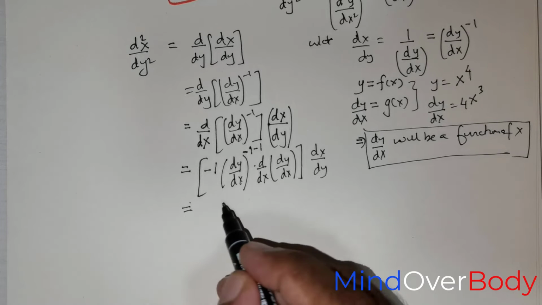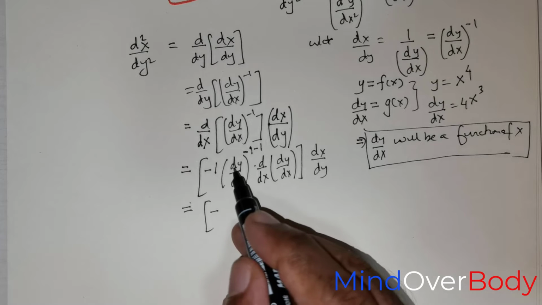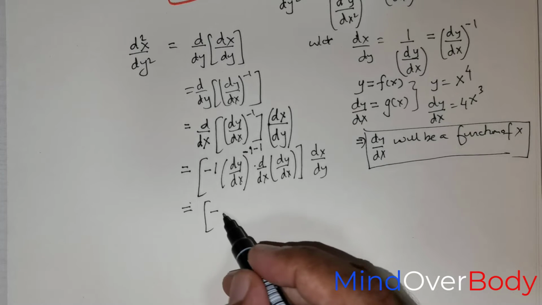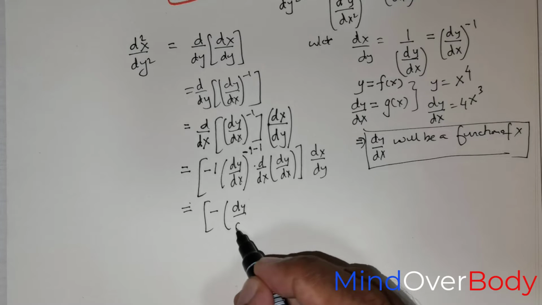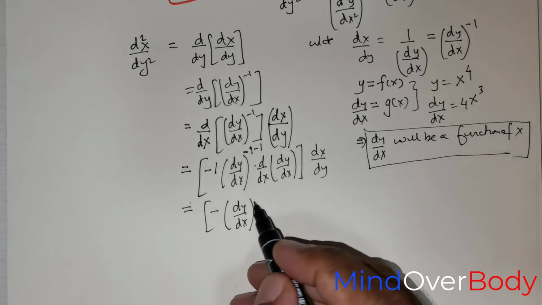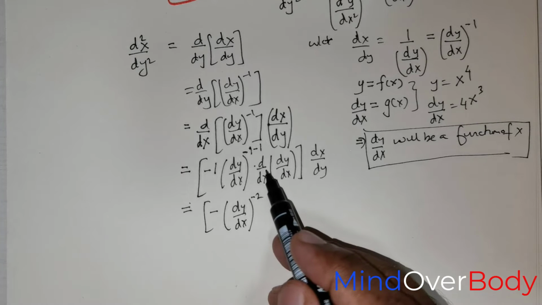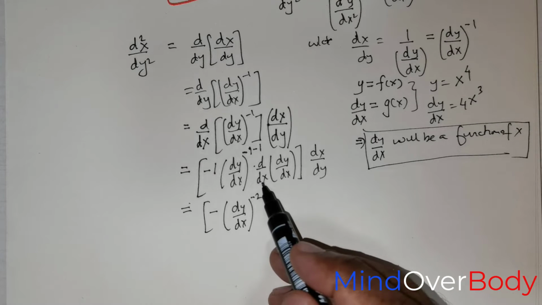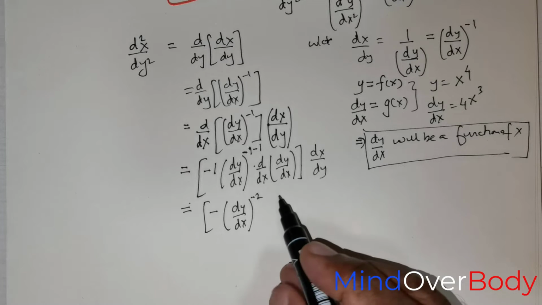Now -1 times this quantity would result in a negative sign, so let that be there. So this is going to be dy over dx raised to -1 minus 1, which is -2. Now I already explained to you what happens when you use the operator d over dx onto a quantity like this, dy over dx.